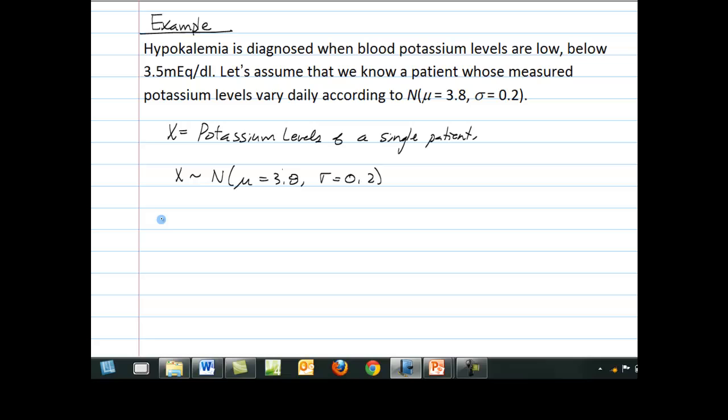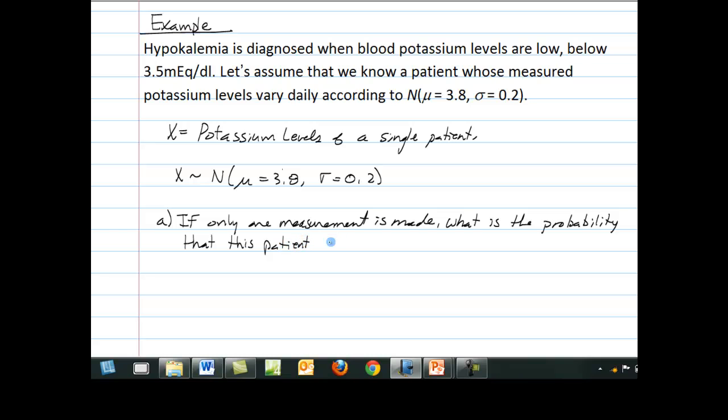The question we want to answer here is: if only one measurement is made, a single measurement, what's the probability that this patient will be misdiagnosed, not diagnosed, but misdiagnosed, with hypokalemia?